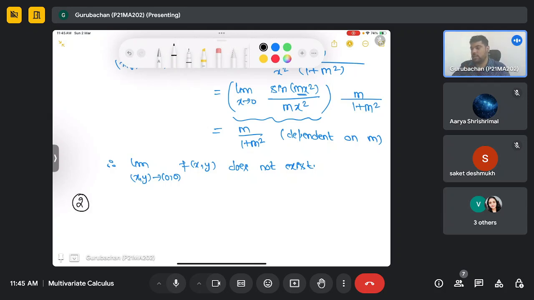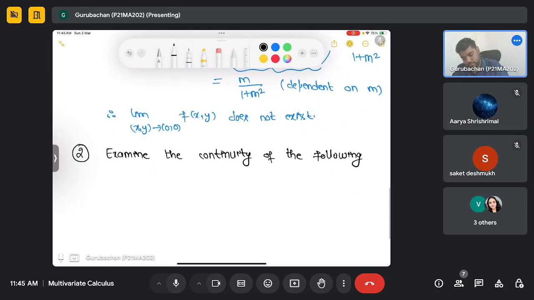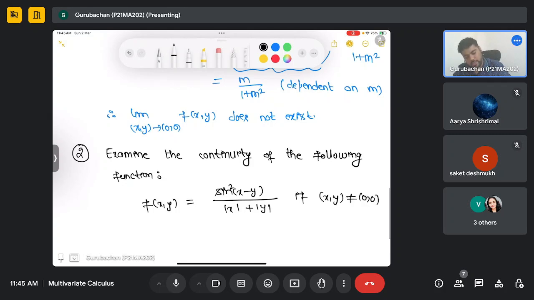Number 2. Examine the continuity of the following function f(x, y) equal to sine of (x squared minus y) divided by (mod x plus mod y) if (x, y) is non-zero, and 0 if (x, y) is (0, 0).